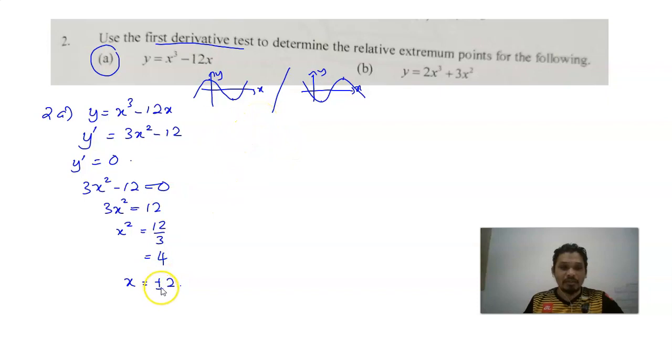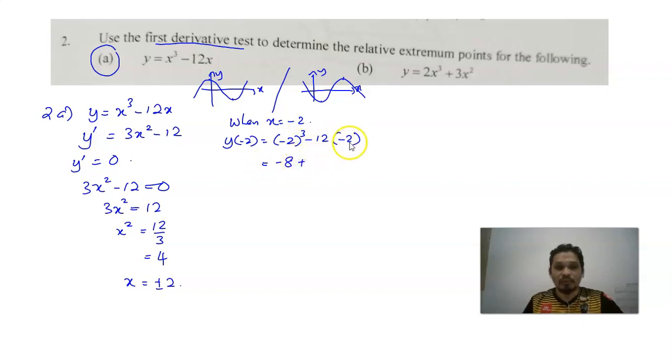When x equal to negative 2, let's substitute into y here. y with negative 2 equal to negative 2 cubed minus 12 times negative 2. Negative 2 cubed equal to negative 8, and negative becomes positive, 12 times 2 is 24.